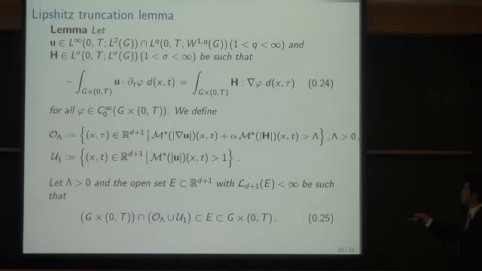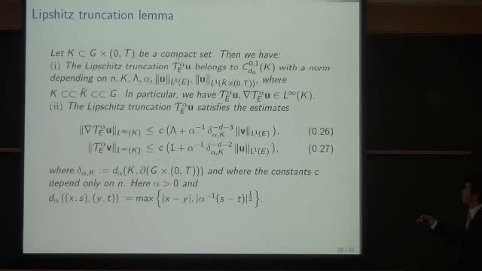Then, using Whitney decomposition, one can define some suitable cutoff function, and one can make the Lipschitz truncation. And the Lipschitz truncation satisfies many properties. I can't explain because of time.